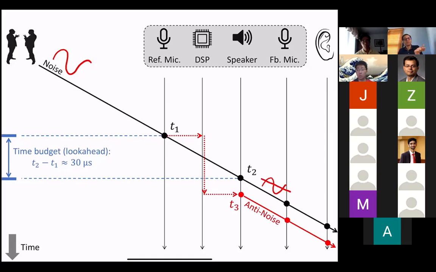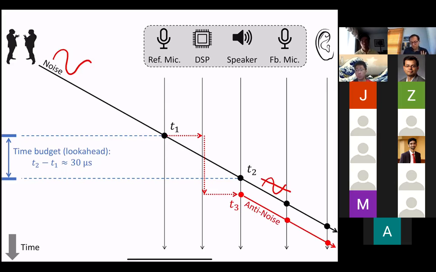If the phase lag is pi, then what happens? You've canceled the signal. If the phase lag is 2 pi, you've amplified the signal. Right? You definitely don't want to amplify.